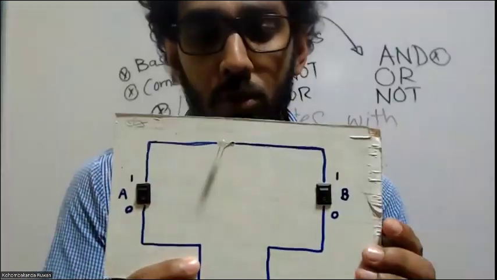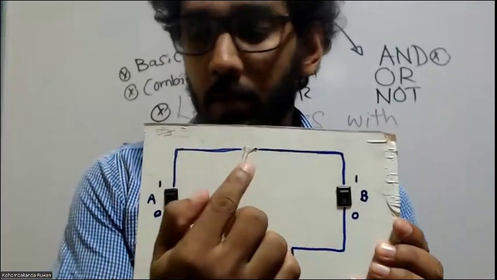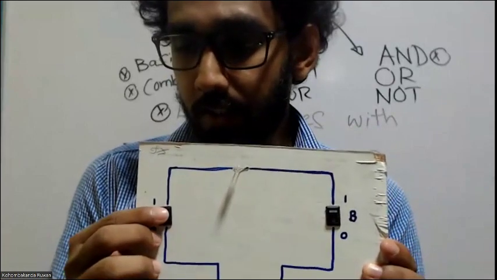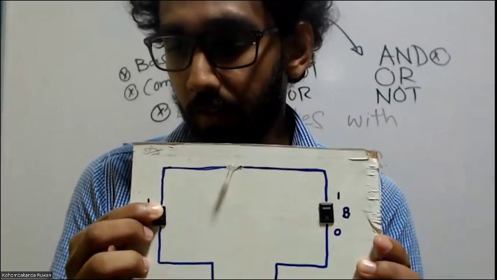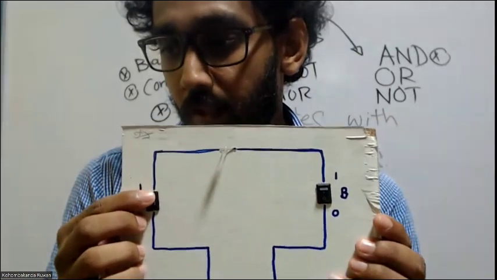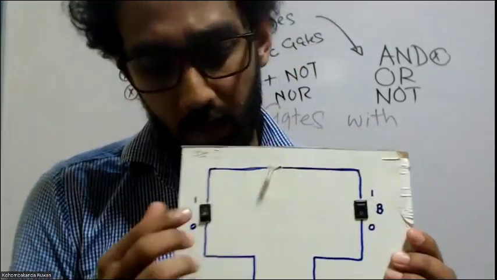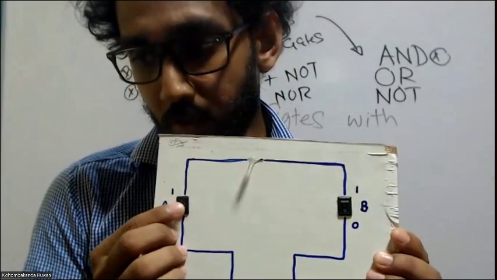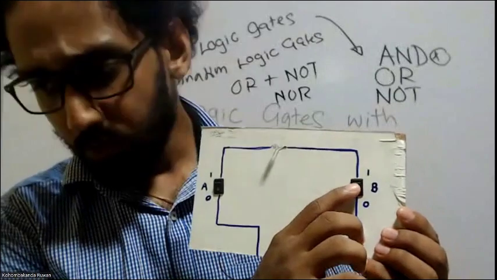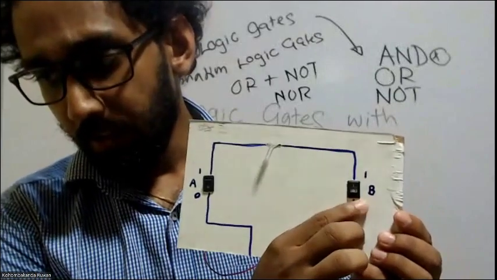If you want to switch on this bulb, if I switch on this switch, can you see it? No, sir. Again, I will switch off the first one, switch A, and then switch on switch B. Can you see it?